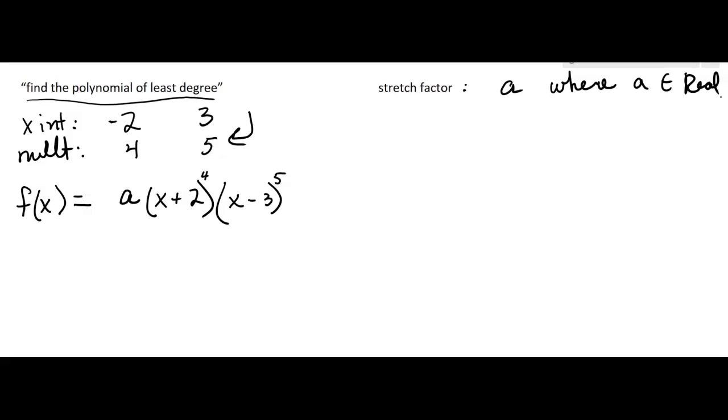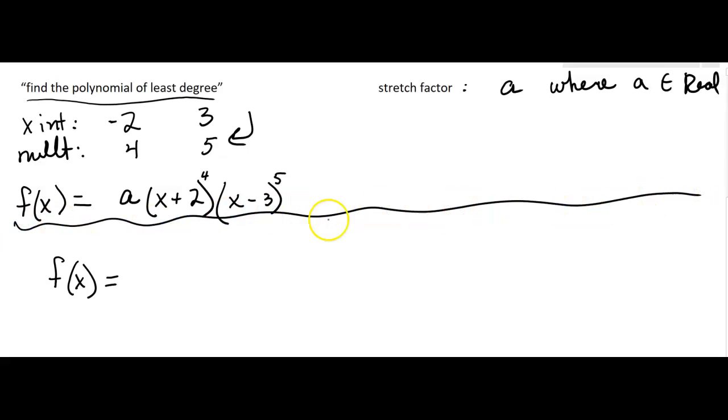Okay, let me give you the notation that you're going to see in the book. So they're going to say f of x is equal to, and they're going to tell us, let me make a little line here, the book's notation: the x-intercepts are x sub 1, x sub 2, x sub 3, and so on. These are commas.